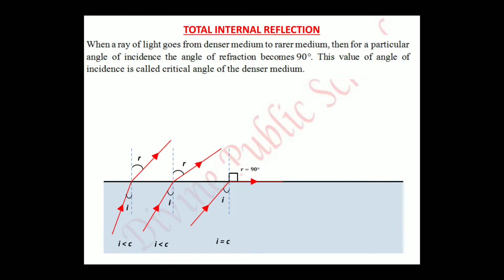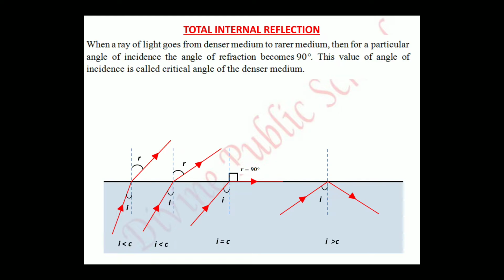Now what happens if a ray of light goes from denser to rarer medium at an angle greater than the critical angle? Now the ray will not go in the second medium. In fact, it is reflected back in the first medium itself. Here the angle of incidence is greater than the critical angle, so the ray of light is reflected back in the denser medium.